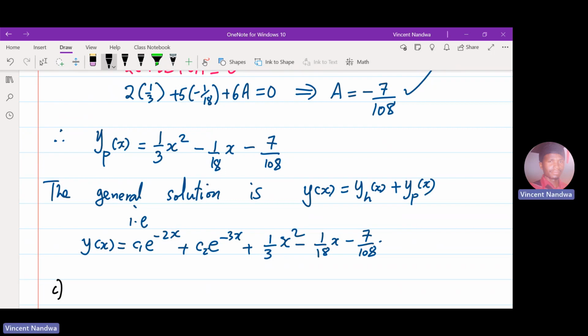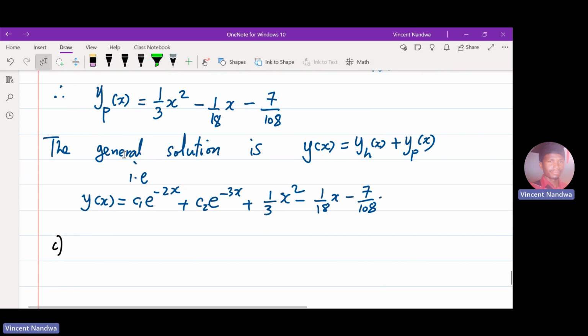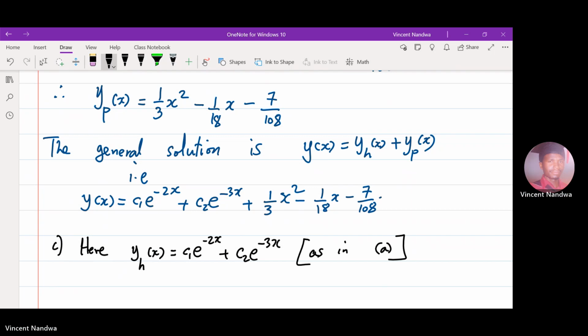Yeah, because the structure of the left-hand side of that equation is exactly the same as what we have in B and A. So here, YH of X is given by C1 e raised to power -2x plus C2 e raised to power -3x. So this is a solution as in A. So we don't have a problem on calculating the homogeneous solution.